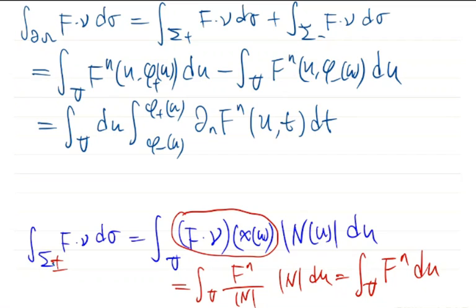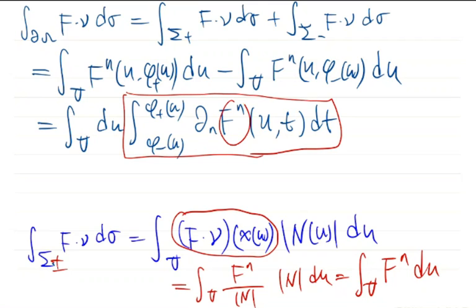Okay, Newton-Leibniz formula: this definite integral equals the value of capital Fn when t equals phi plus u, minus the value of Fn when t equals phi minus u. Okay, so we obtained this result. So this equals Fn at u, phi plus u, minus Fn at u, phi minus u.